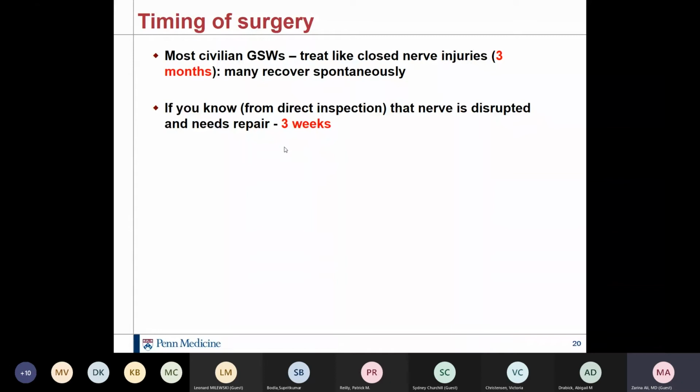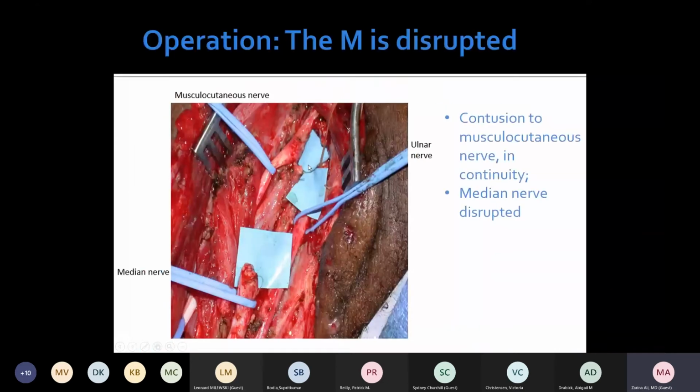So we often follow these patients very closely with clinical exams as well as electrodiagnostic studies. Often, if we know from direct inspection with an original surgery for other traumatic injuries that there is nerve disruption, then we tend to operate on those patients sooner rather than later.